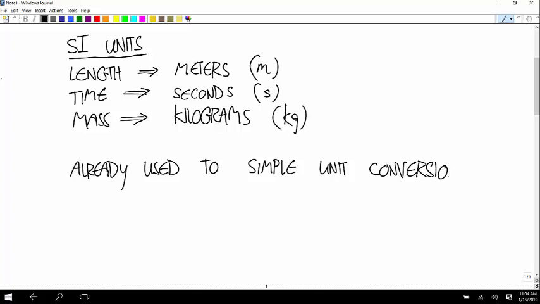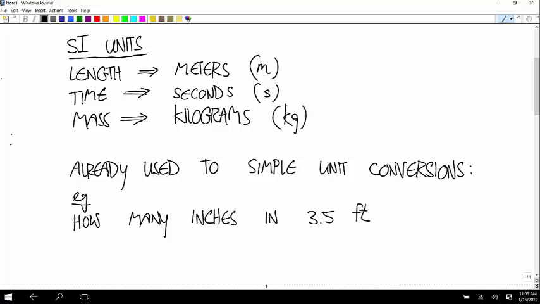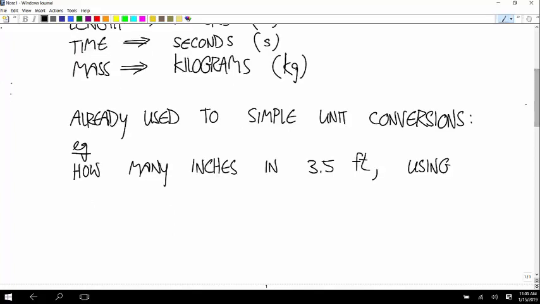Like, for example, how many inches are there in 3.5 feet? And to do this, we're going to use the fact that 1 foot is equal to 12 inches.